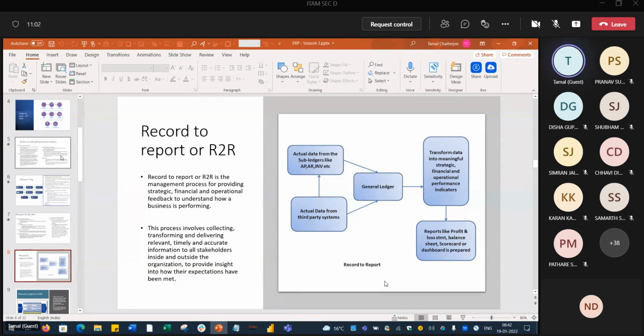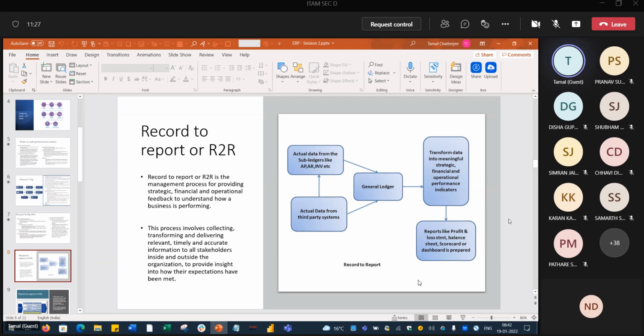General ledger data is coming from different sub ledgers like account payable, account receivable, inventories, or from third party systems, and the data flows to the central ERP system in the form of the general ledger.